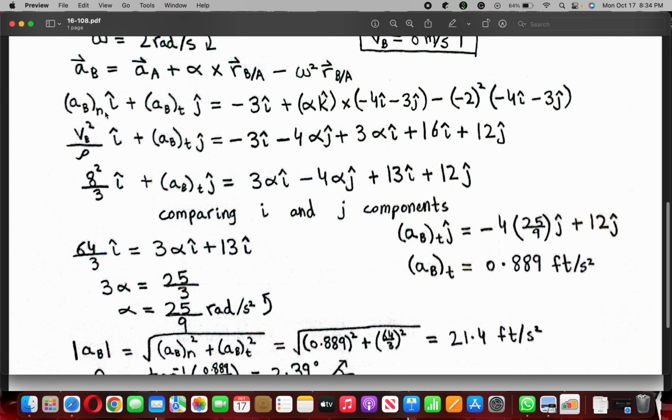So we break the acceleration at B into two parts.